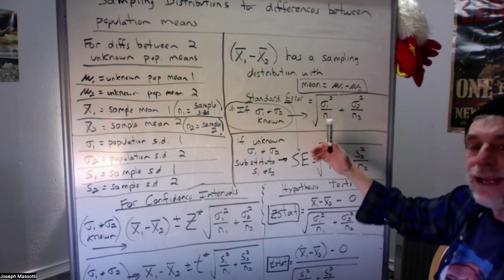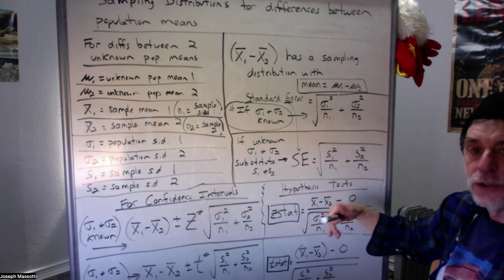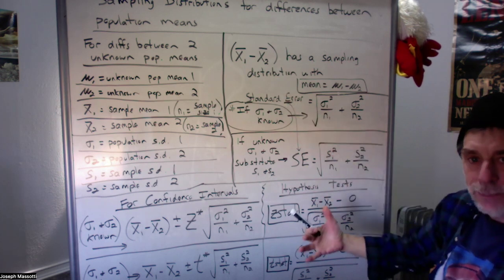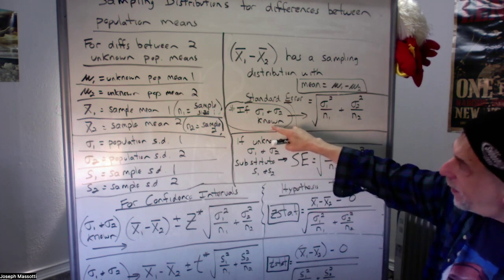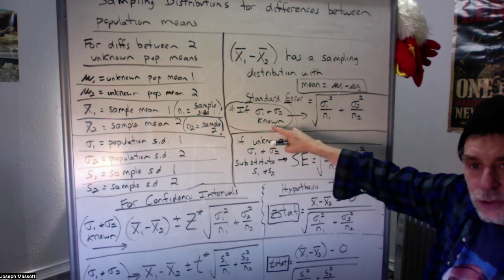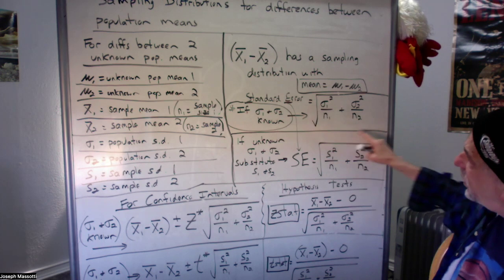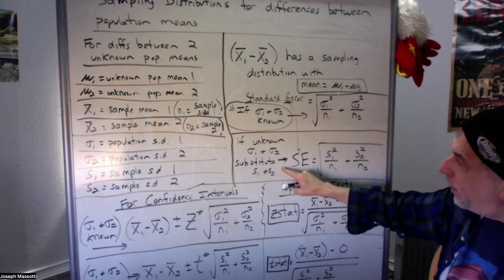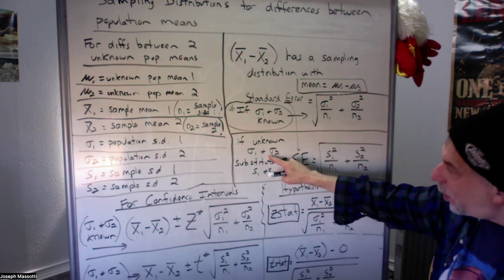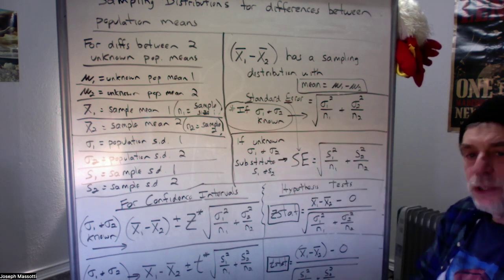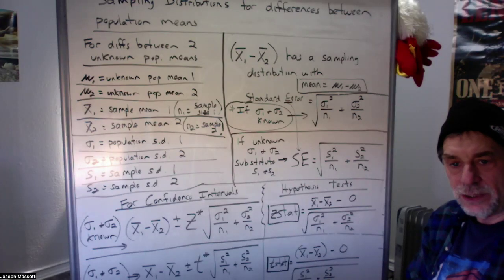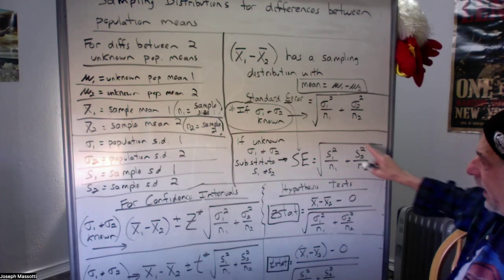And the standard deviation of that sampling distribution, which we have come to know as the standard error of the sampling distribution, if the population standard deviations are known, then it's going to take this form. If the population standard deviations are unknown, then we have to use the t distribution for our tests and confidence intervals, and this becomes the standard error.